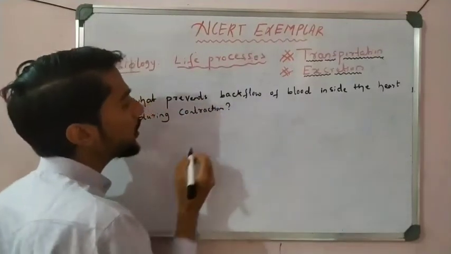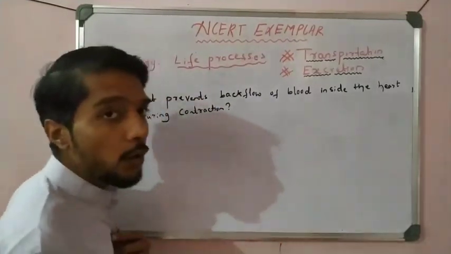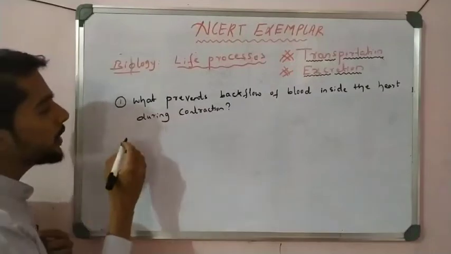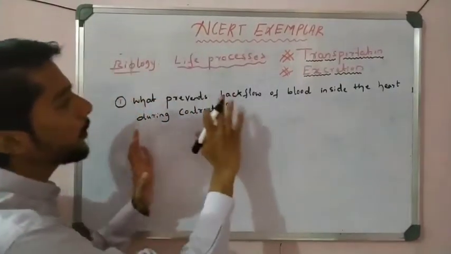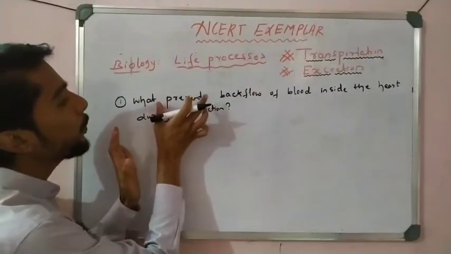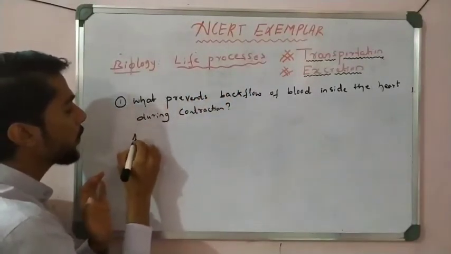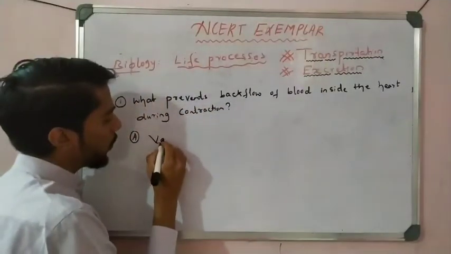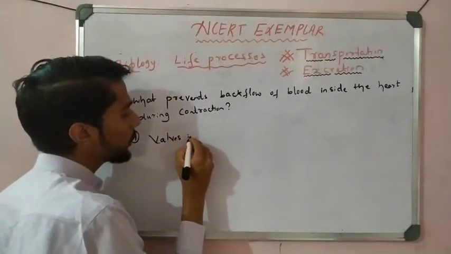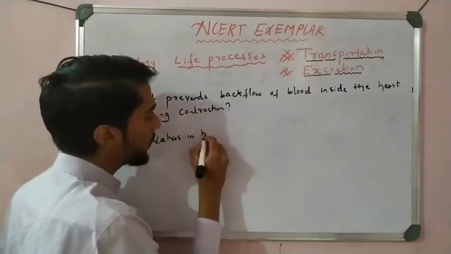So during contraction the blood flows out of the heart. What prevents the backflow here? Option A, walls in heart.